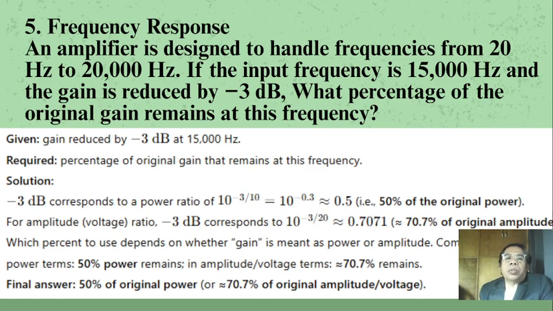For the amplitude voltage ratio, negative 3 decibels corresponds to 10 raised to negative 3 over 20, and that is equivalent to 0.707, or 70.7% of the original amplitude.